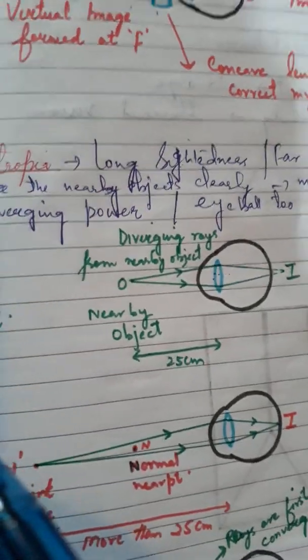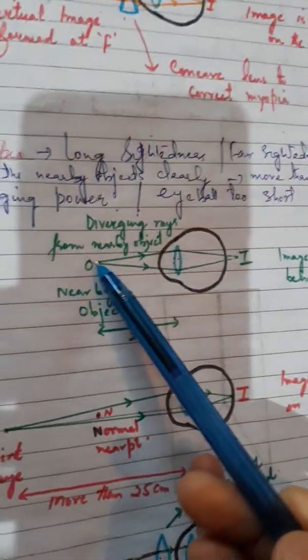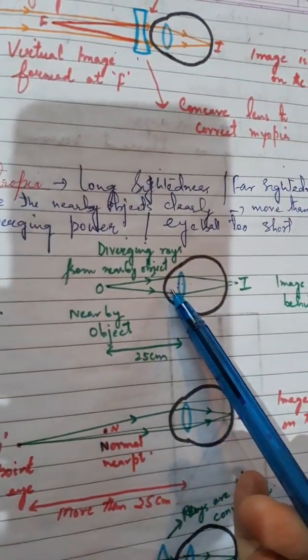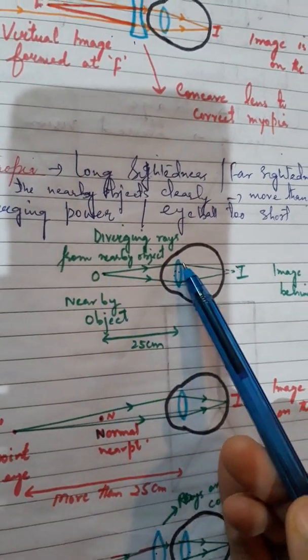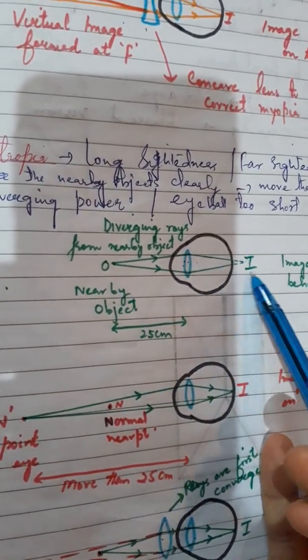Now we wear a lens which increases its converging power. You can see here in this figure, the light rays coming from a nearby object are focused, but the image is formed behind the retina. Now look at this figure.